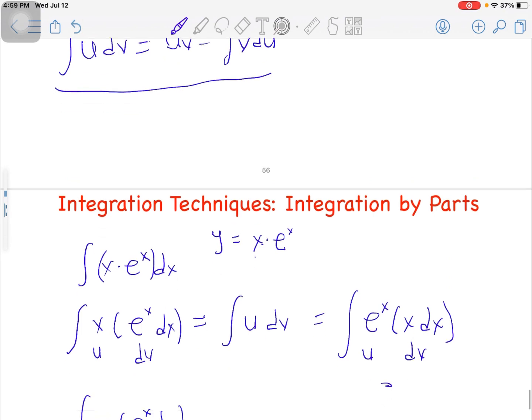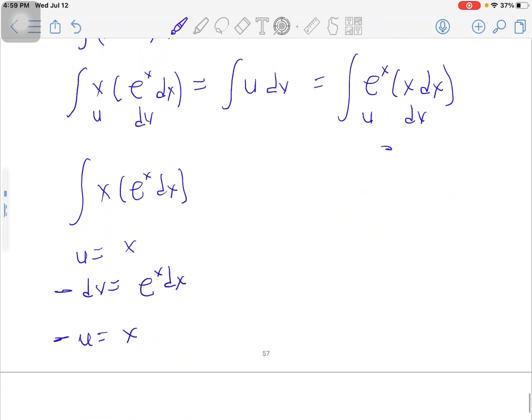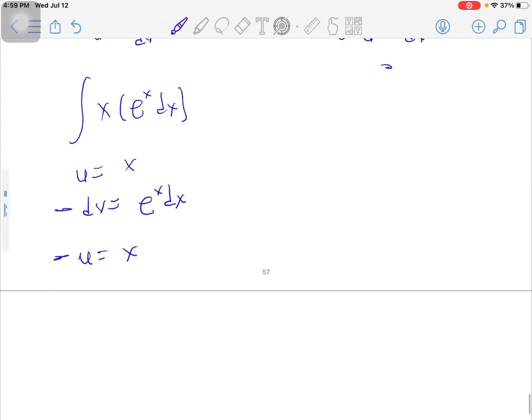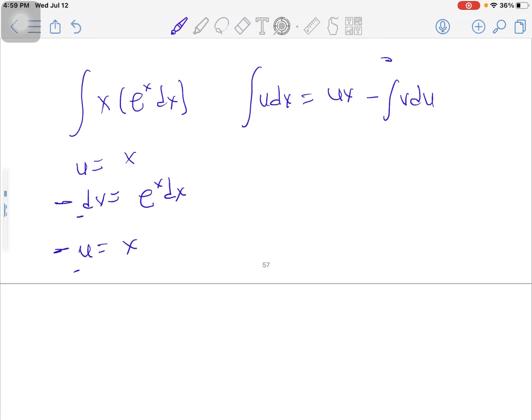That's why I said this formula must be on your fingertips. And this is the formula, which is the integral of u dv, which is equal to uv minus the integral of v du. So in this case, we have been able to assign our dv and our u over here.